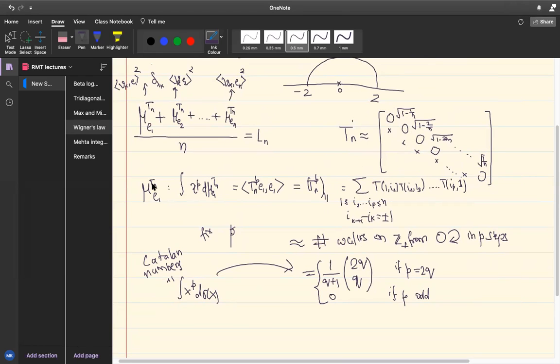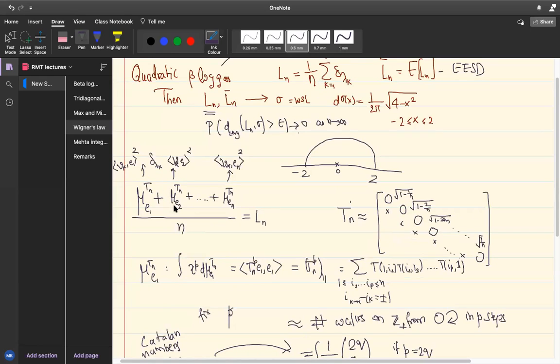Therefore, the moments of mu E1 of Tn are converging to moments of this sigma, from which it follows that mu E1 Tn converges to sigma. Okay, so that's what happens. So this shows that the first spectral measure converges to the semicircle distribution.